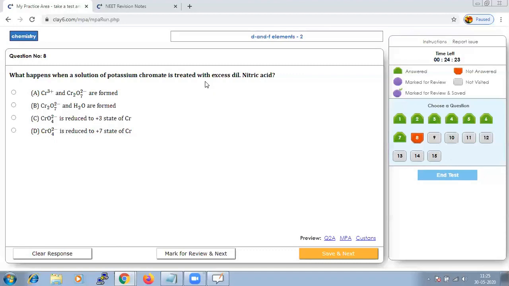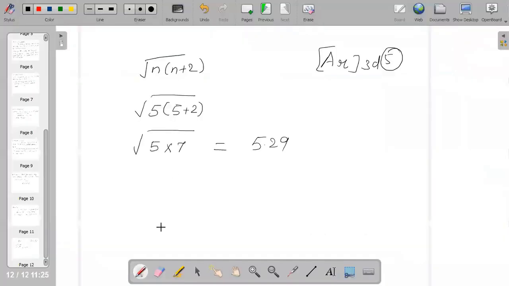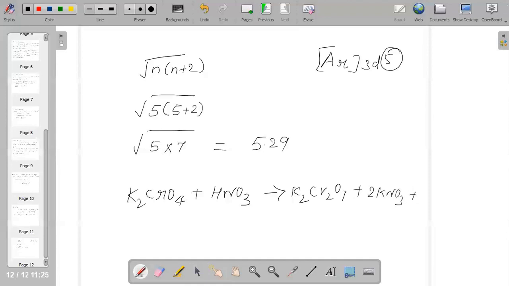So when we write the reaction, it is K2CrO4 plus HNO3 will give you K2Cr2O7 plus 2KNO3 plus H2O, which you can say in ionic form: 2CrO4 2 minus will give you Cr2O7 2 minus plus H2O.